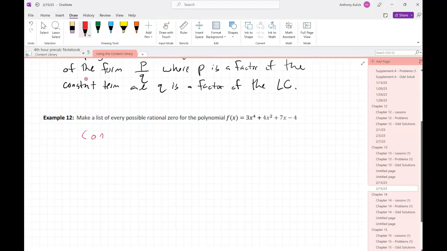So I'm going to start by just identifying my constant term, I'm going to abbreviate that CT, and my leading coefficient. What's my constant term? -4. What's the leading coefficient? 3. What are all the factors of -4?